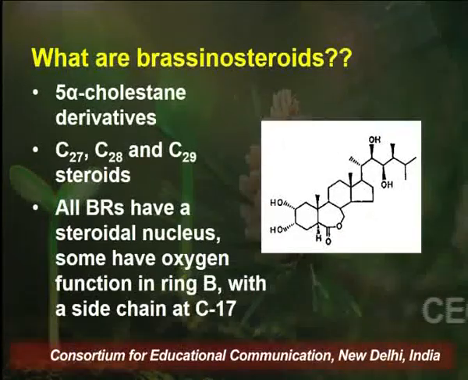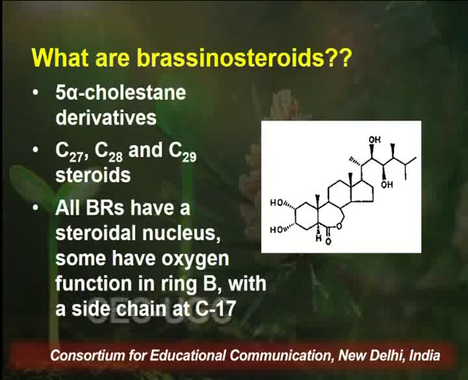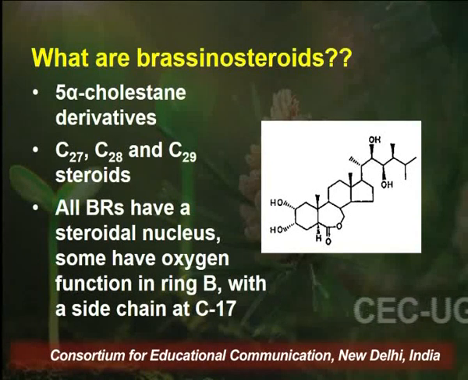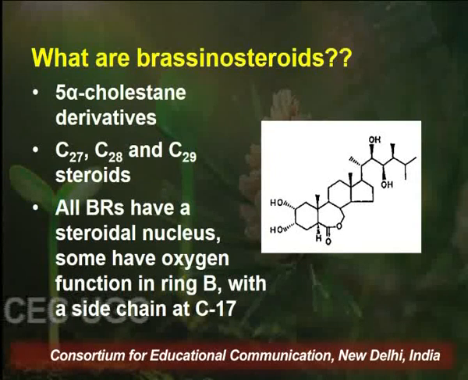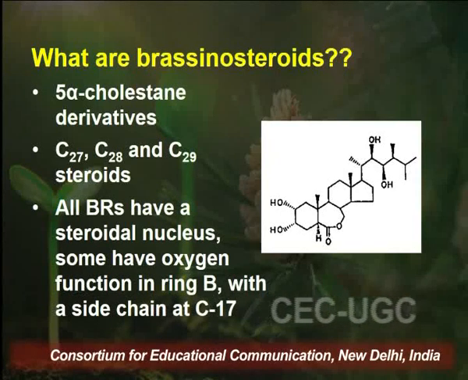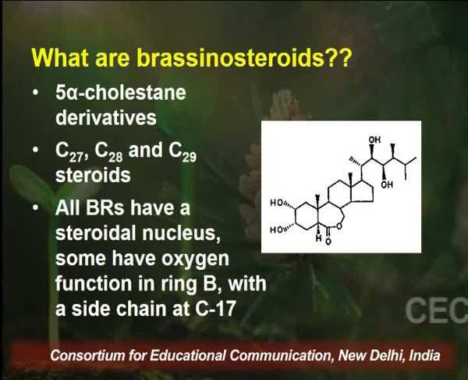So first, what are brassinosteroids? As their name indicates, these are steroidal molecules having a cyclopentanophenanthrene nucleus, and some of the steroids have modifications in this ring. Obviously a side chain is also attached to this nucleus, and since these are derivatives of the basic cholesterol nucleus, they are also known as 5-alpha cholestane derivatives.